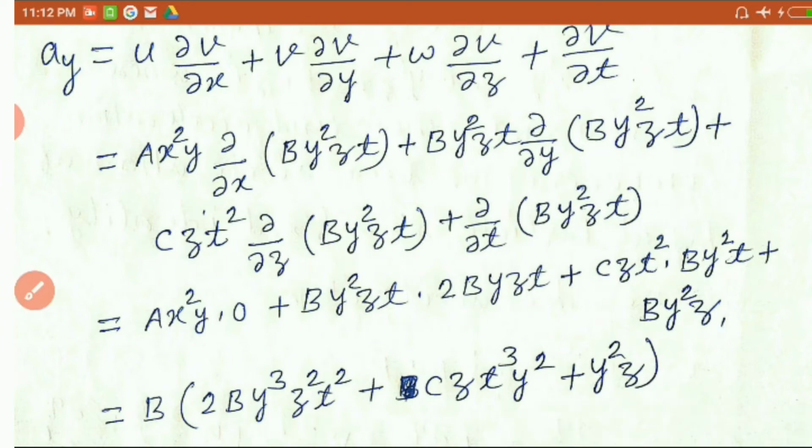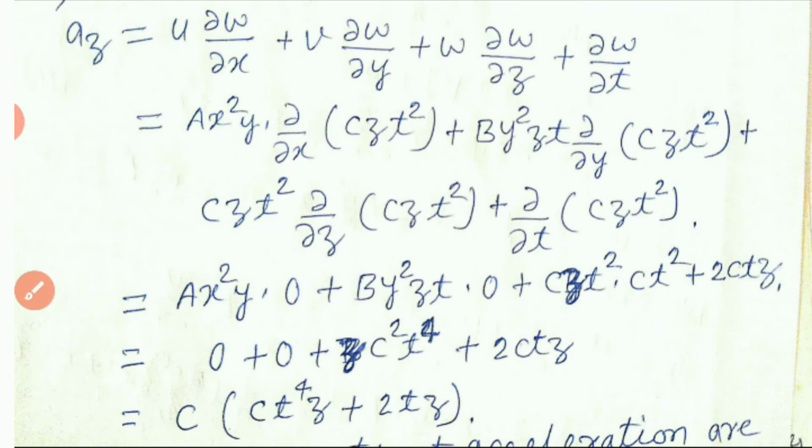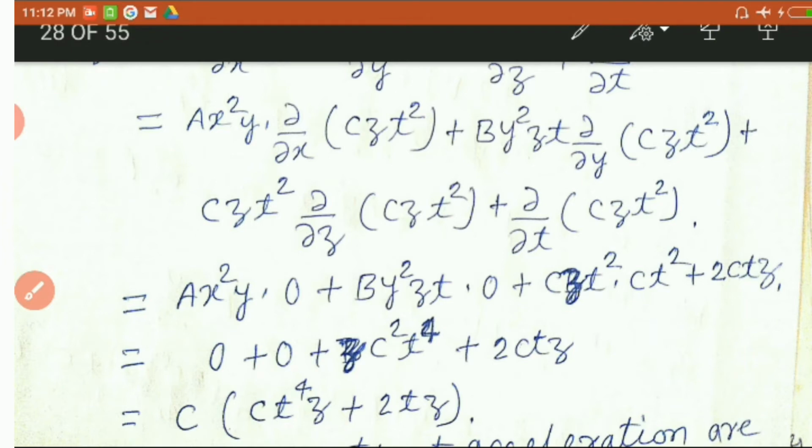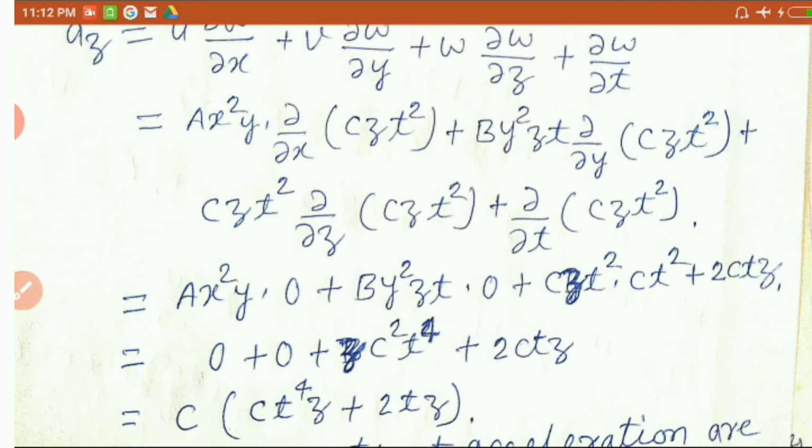Similarly, we get a_z. Same repetition here. a_z is u dou w by dou x plus v dou w by dou y plus w dou w by dou z plus dou w by dou t.